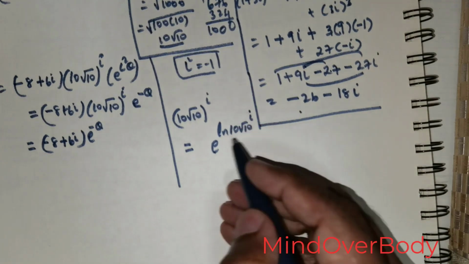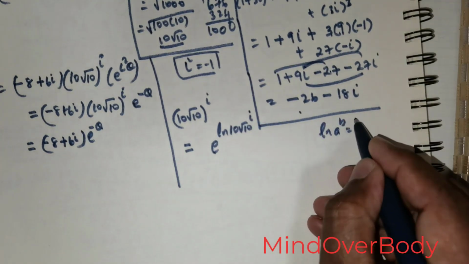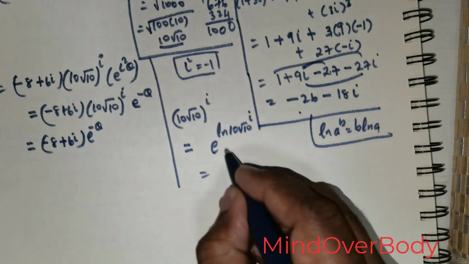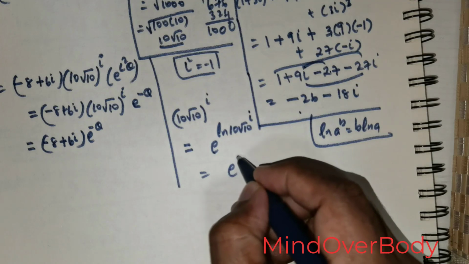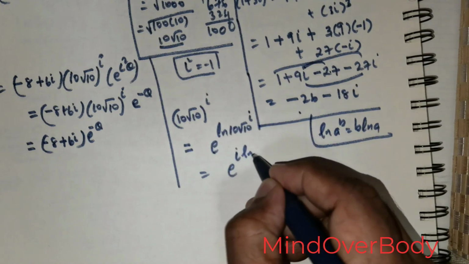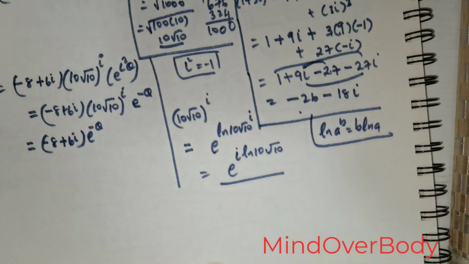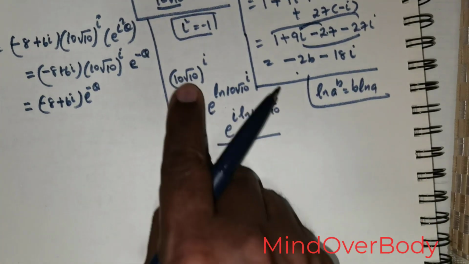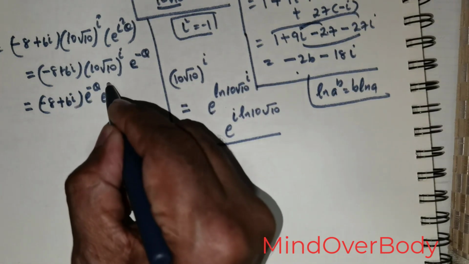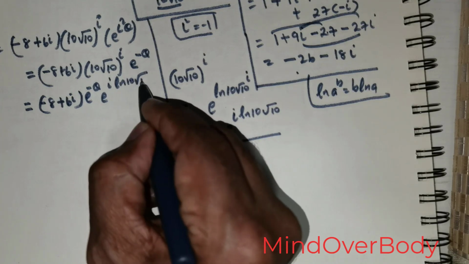Now if I have ln a raised to the power b, I can rewrite this as b times ln a, right? So I'm going to rewrite this as e raised to the power, i comes in front, i times ln of 10 times root of 10. So this is how I can rewrite. In place of this, I'm going to substitute this. So this is going to be e raised to the power i times ln of 10 times root of 10.